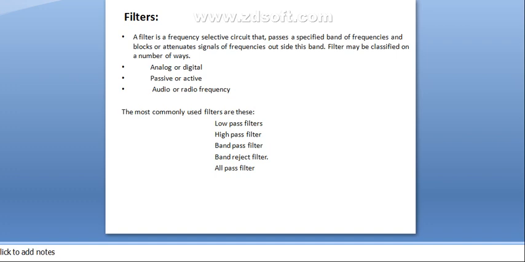If you see the advantages of active filters, the size is less. The op amp can be easily controlled. Due to flexibility in gain and frequency adjustments, the active filters can be easily tuned.